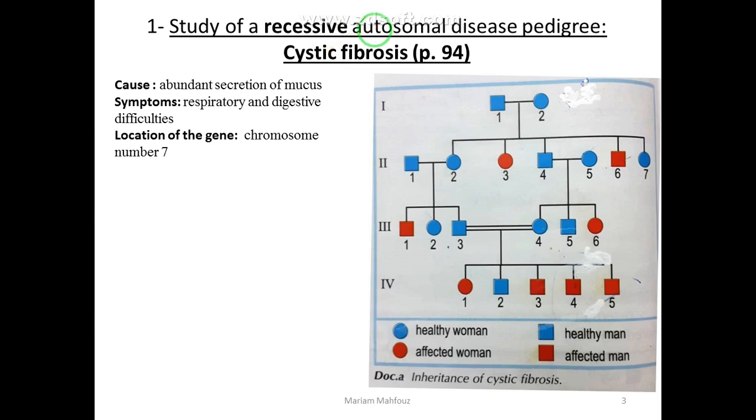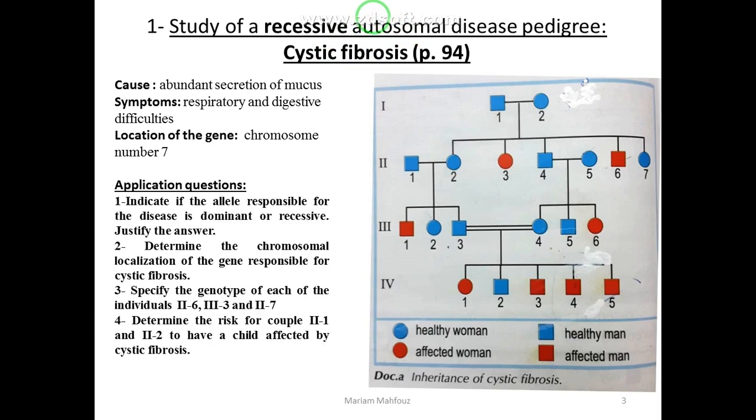Now I'm going to give you an application question, which is an official exam question application. These 4 questions written here represent the questions that are usually asked in the official exams. I'm going to mention them right away and answer each one step by step.